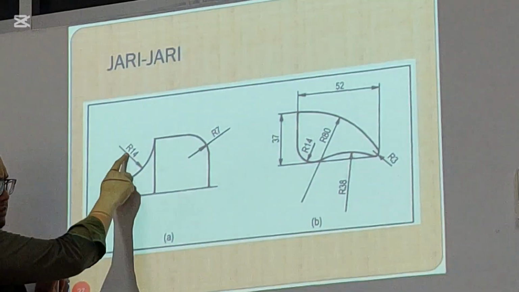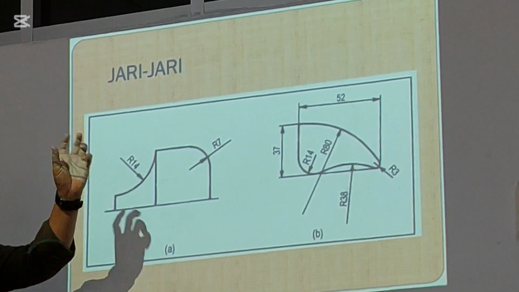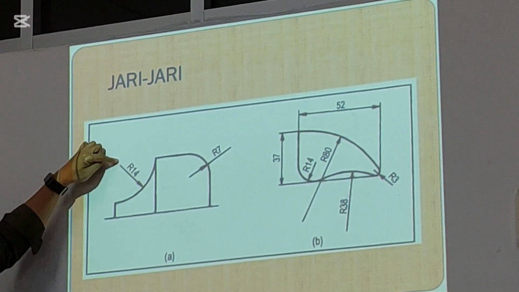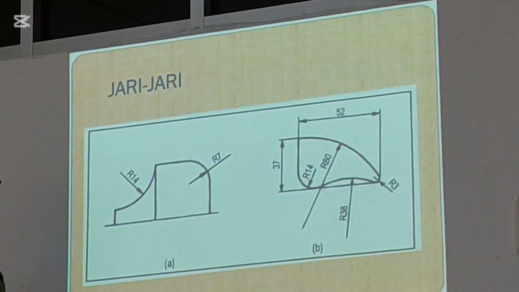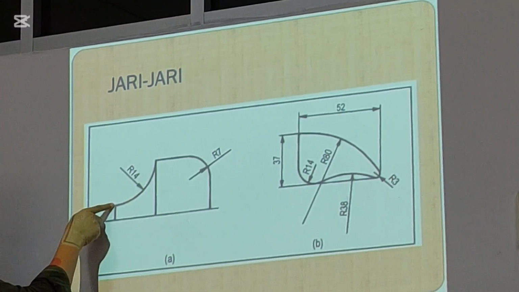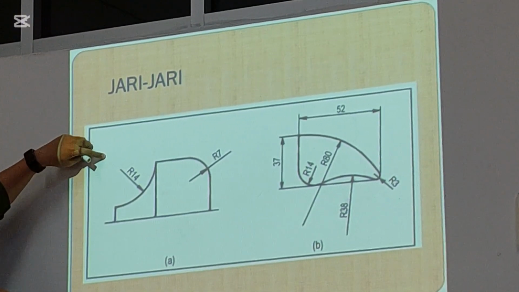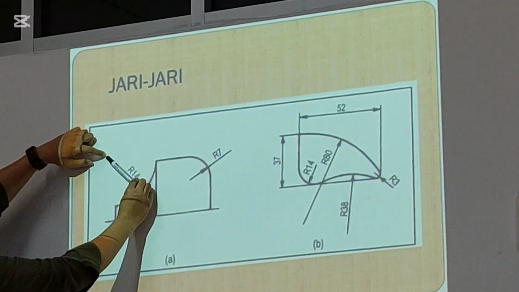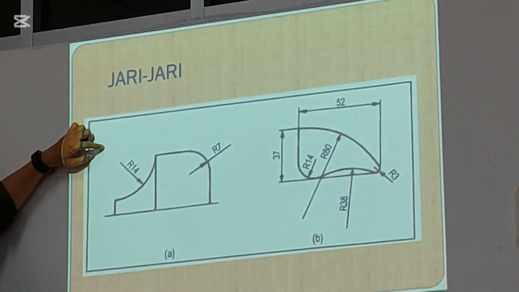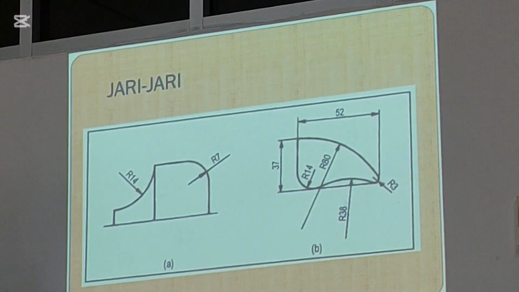If you use an arrow to give the dimension of the diameter or maybe the radius, please make your arrow start from the center of the circle. For example, this circle, the center is approximately here. So if you give some extension, this line will point to the center of the circle. But you don't have to make the line longer.